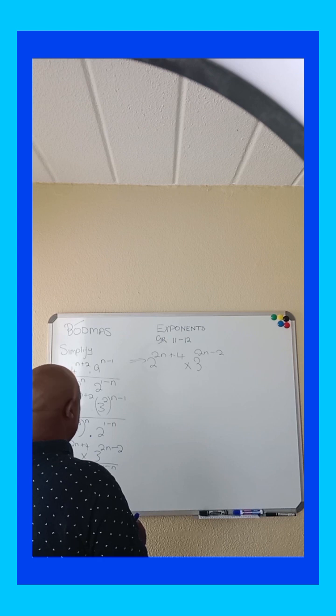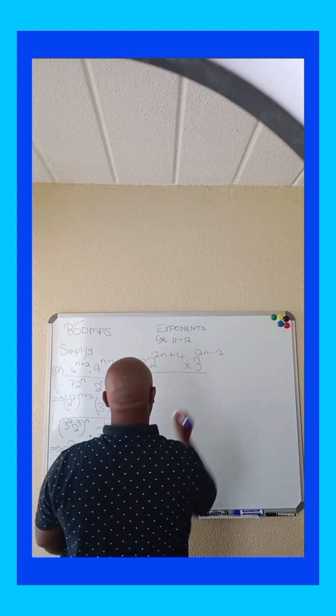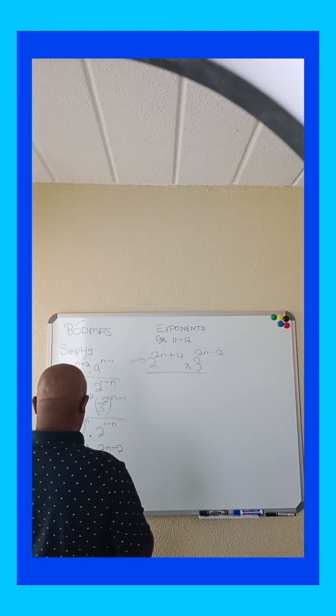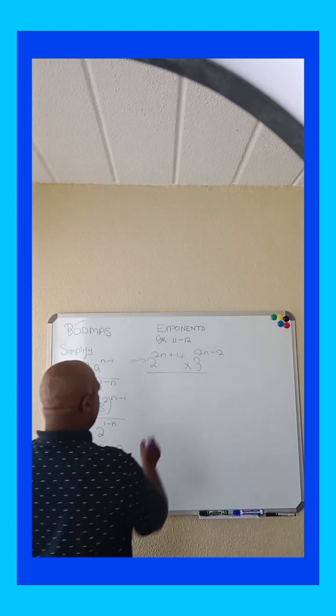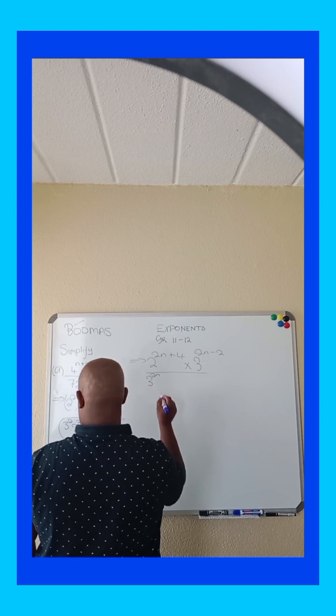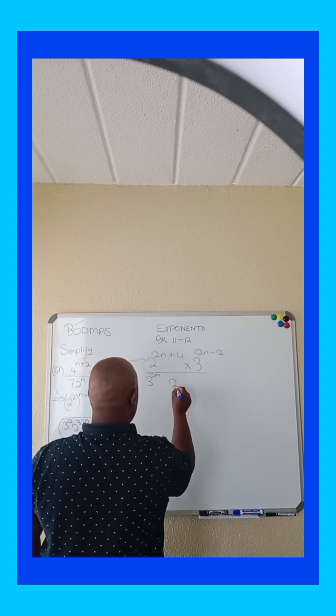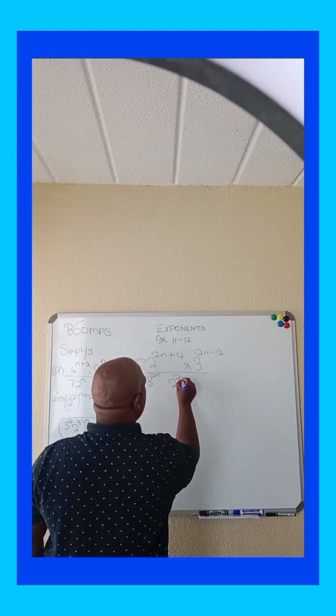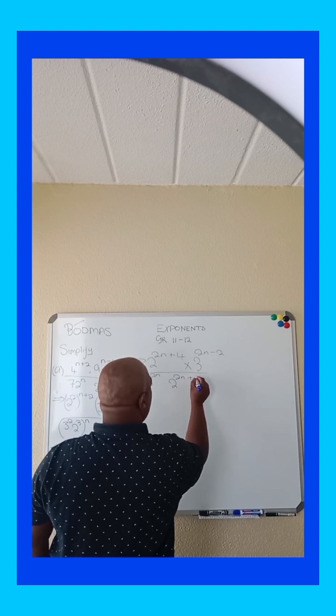And then underneath, meaning that divide, in our numerator, we've got 3 to the power 2n times 2 to the power 2n plus 1.